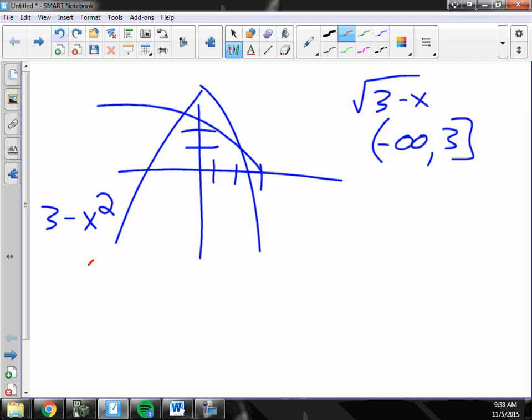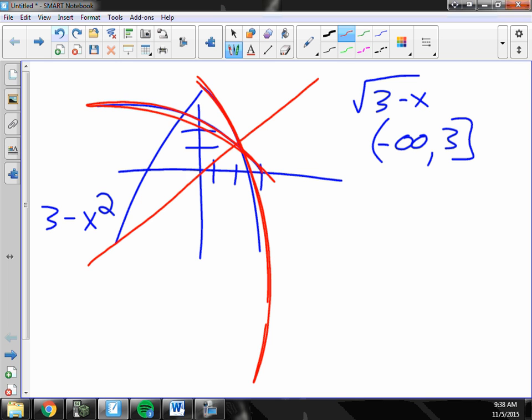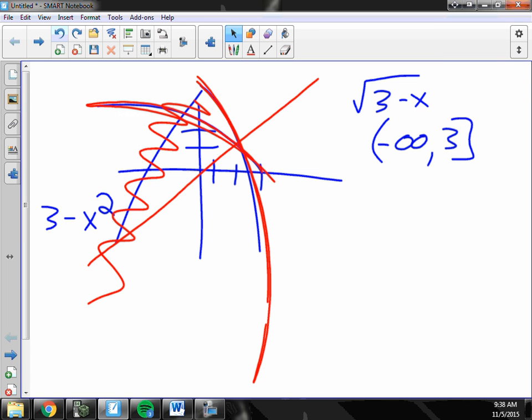So if you draw that line, this piece and this piece are inverses, so that is actually not part of the inverse, because the original function had a restricted domain, and the new function had an unrestricted domain, and sometimes this book does weird things, so let's see how they want us to deal with it.